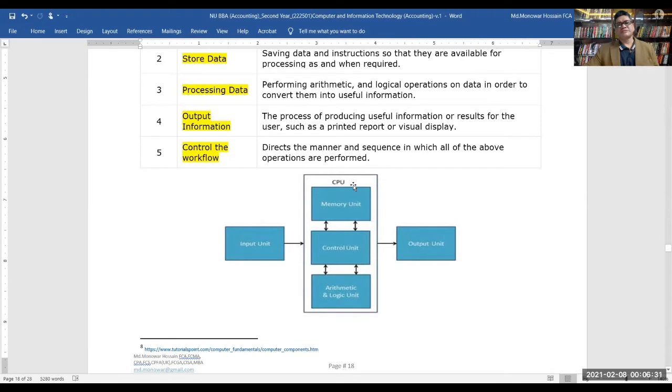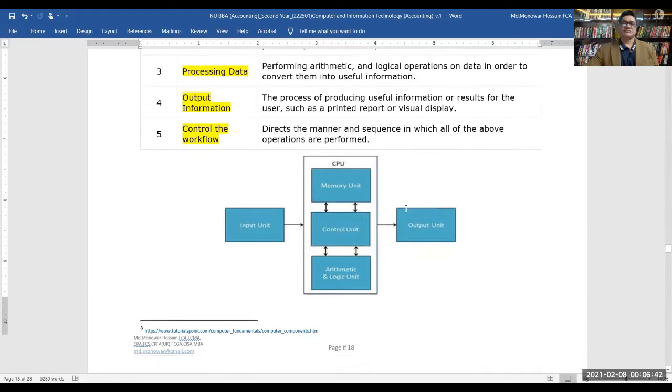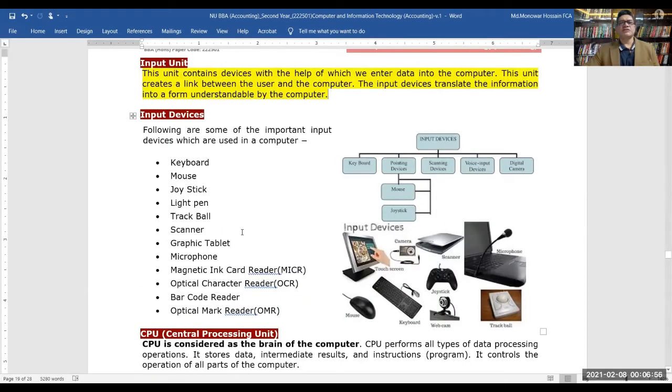So if you see here, the CPU combines a memory unit, control unit, and arithmetic and logic unit, and here we have input units and output units. Input units: this unit contains devices with the help of which we enter data into the computer. This unit creates a link between the user and the computer.